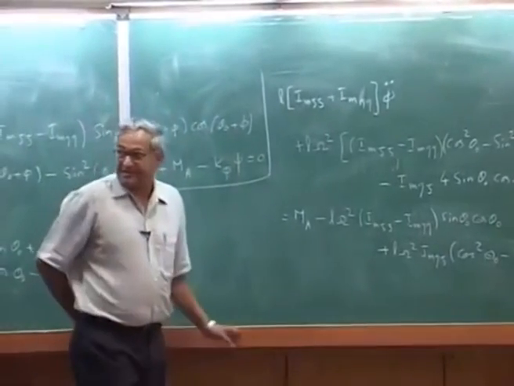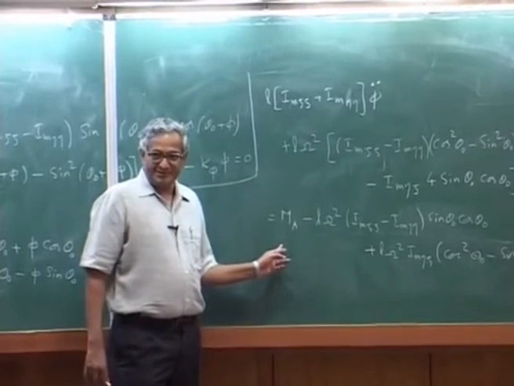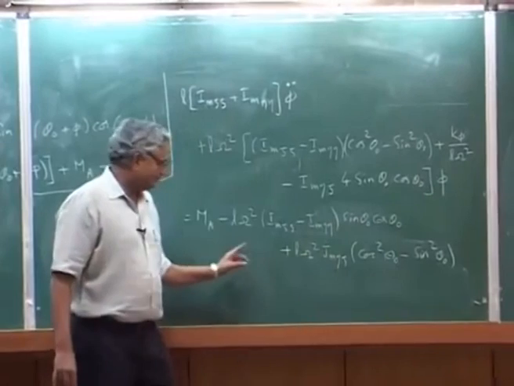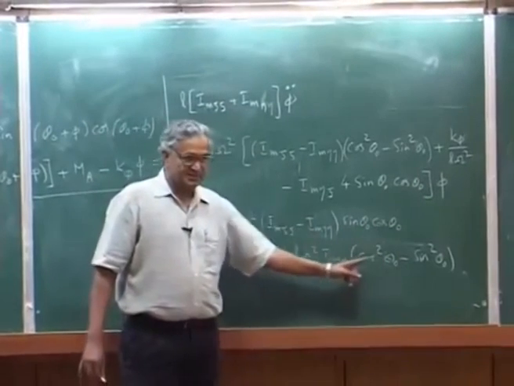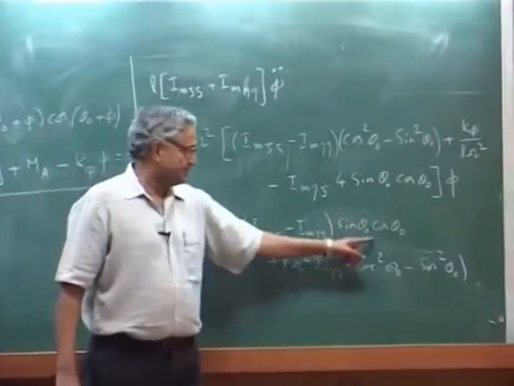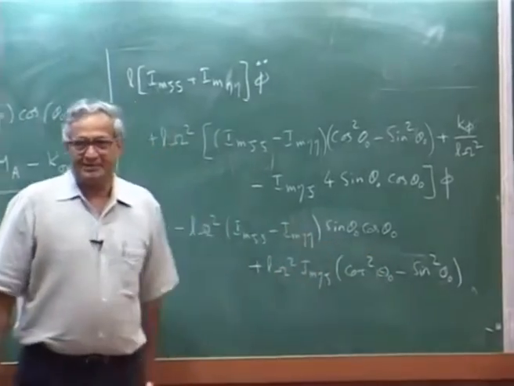But you look at the external loading, MA is the aerodynamic load. There is one constant term. Please understand, this constant term is there, which is a function of pitch angle.